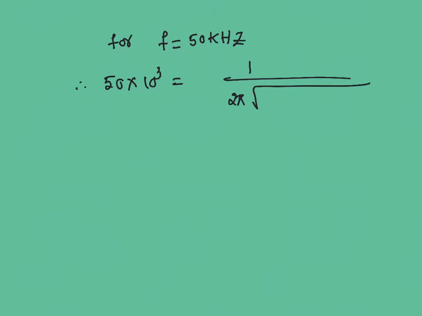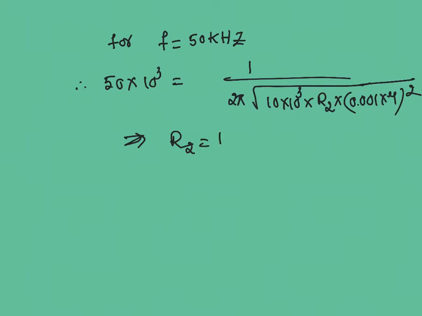So for frequency equal to 50 kilohertz, the formula becomes 50 into 10 power 3 is equal to 1 by 2 pi root over 10 into 10 cube into R2 into C square, which is nothing but 0.001 micro whole square. Then the value will be 1.013.